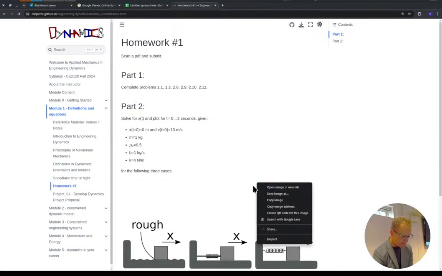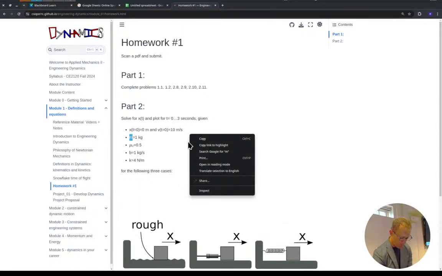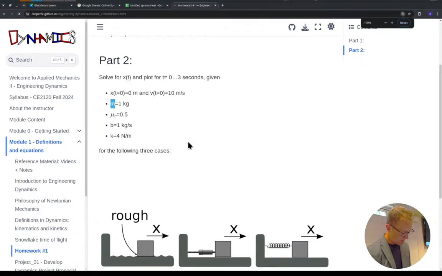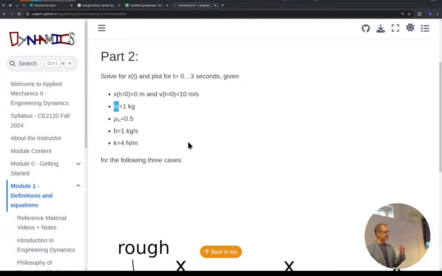But in terms of where this all came from, starting off with, what is x of t? How do we get there? And then the second part is, when you plot it, what is the plot that we're looking for? Here, 0 to 3 seconds, so we get a sense of friction.